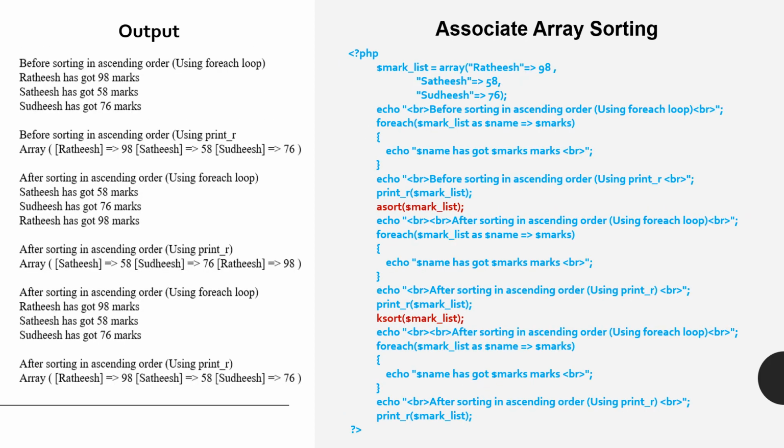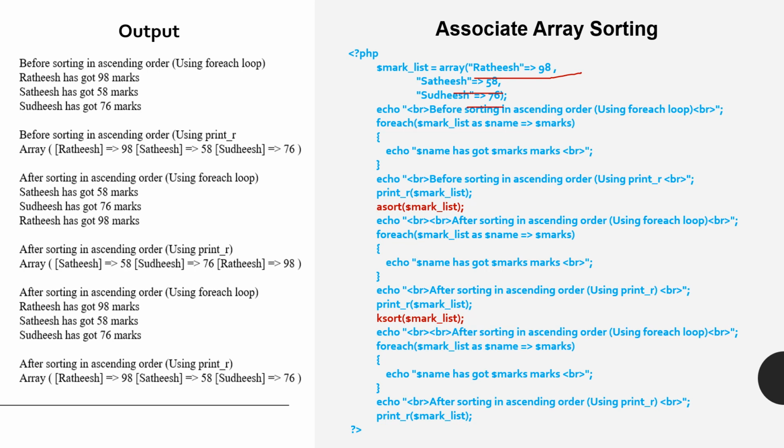Now we are going to discuss associative array sorting. Associative array, we have seen that based on key or value we can sort. This is an example of that. That is, marks of Radish is 98, marks of Satish is 58, like that.